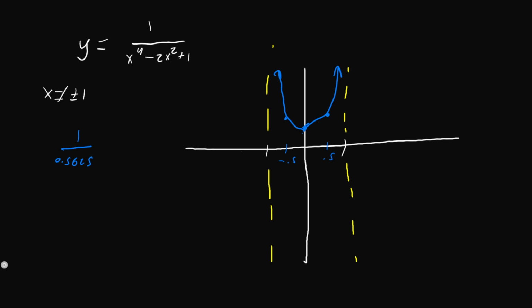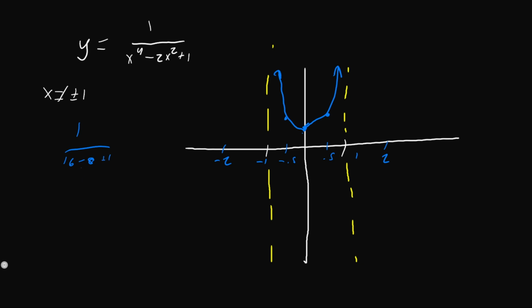And let's go ahead and plug in 2 and -2. When x is equal to 2, we're going to get 1 over 16 minus 16. No, that is going to be 8. Minus 8 plus 1.